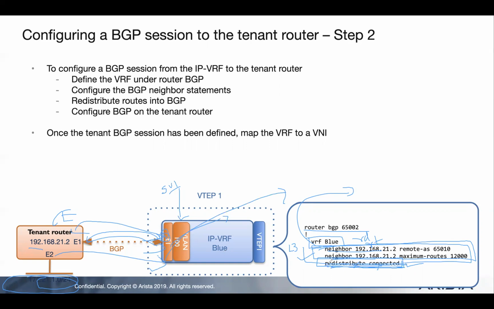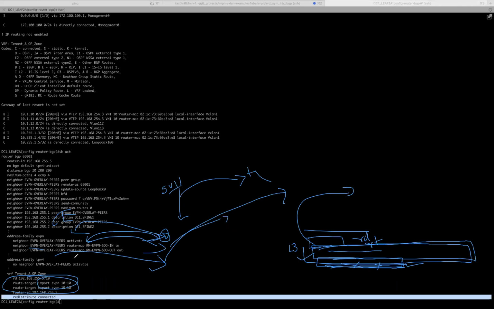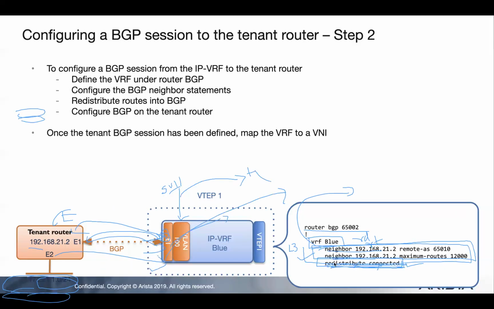You need it only if you want to advertise the SVIs in this VRF as type 5 routes. Here we are advertising the directly connected SVI routes, these two. But if we don't need that, we can remove redistribute connected, provided you just want to advertise routes you received from CE devices.